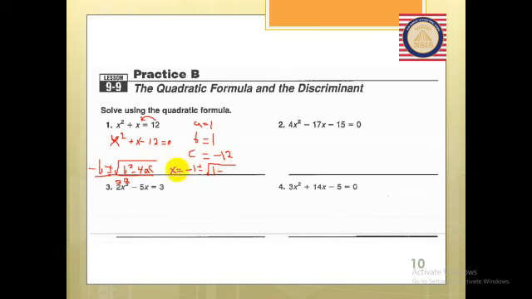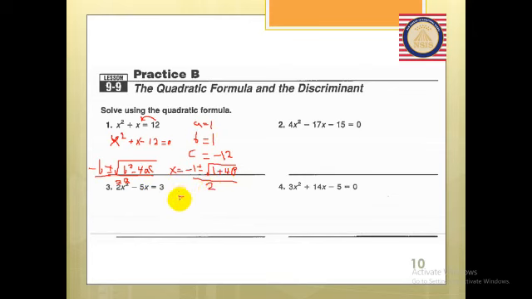Minus 4 times a, 4 times 1 is 4, 4 times negative 12 is negative 48, and I have a negative, so positive 48. Over 2a, 2 times 1 is 2.